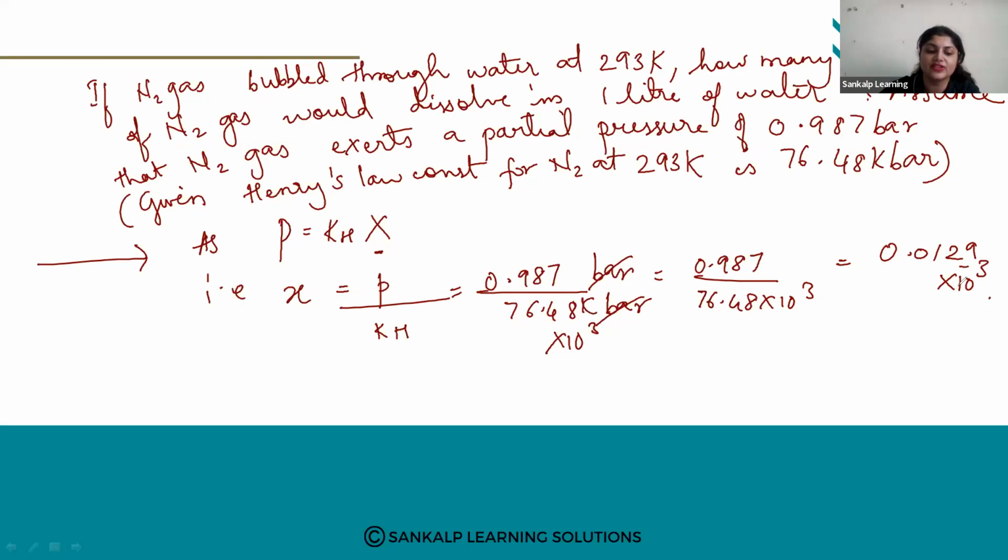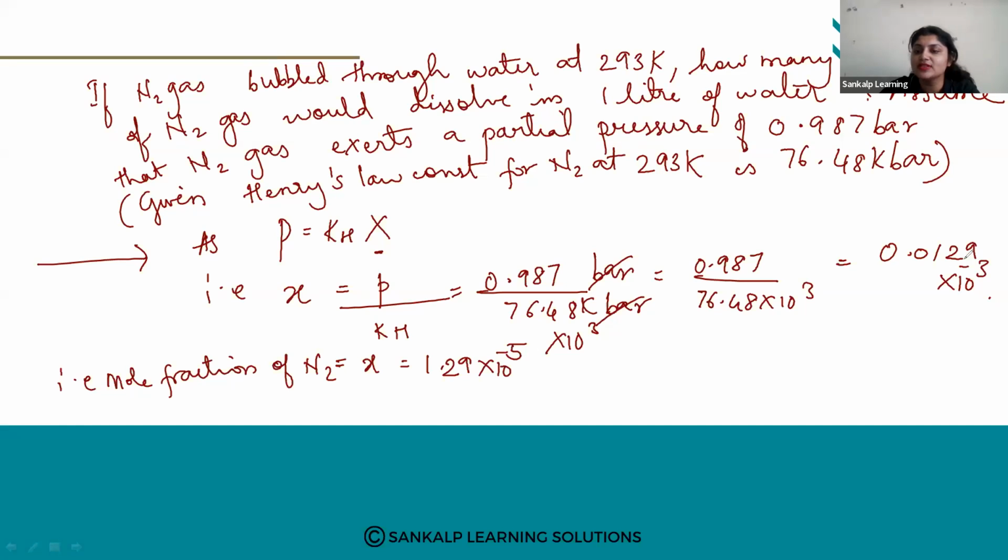So this is the mole fraction of N2. X is equal to 1.29 into 10 raised to minus 3, as I am moving the decimal to the front. If you move to the right-hand side, you add here, so it will be 10 raised to minus 5.